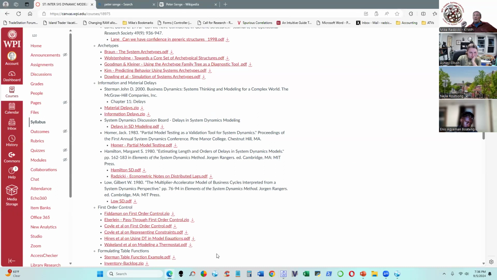Okay, so delays are very important. There are 2 different kinds of delays that we want to learn to use in system dynamics modeling: material delays and information delays. So we're either delaying information or we're delaying the movement of material: people, money, machines, real items.